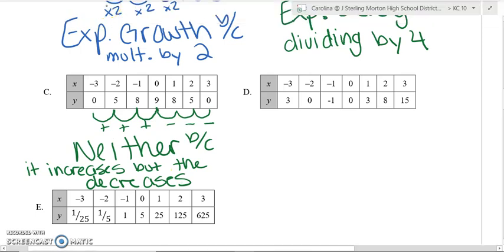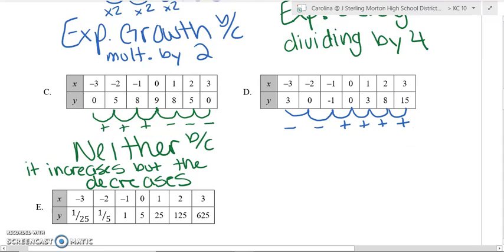Table D, I got 3, 0, -1, 0, 3, 8, 15. So from 3 to 0, I'm subtracting. 0 to -1, subtracting. -1 to 0, you actually added. 0 to 3, you added. 3 to 8, you add. 8 to 15, you add.